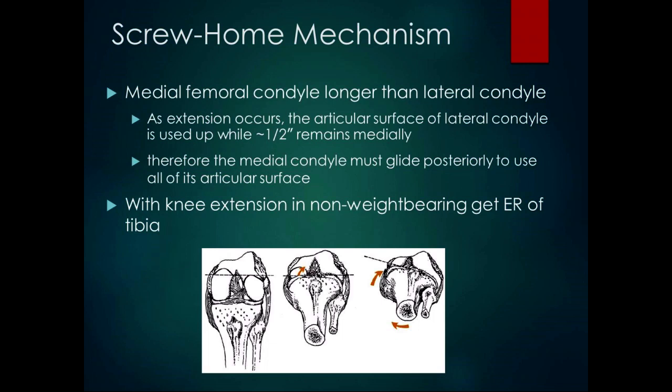So the medial condyle has to glide posteriorly to use all of its articular surface. And with knee extension and non-weight bearing, you get external rotation of the tibia. When in weight bearing and closed chain, you get internal rotation of the femur on the tibia.